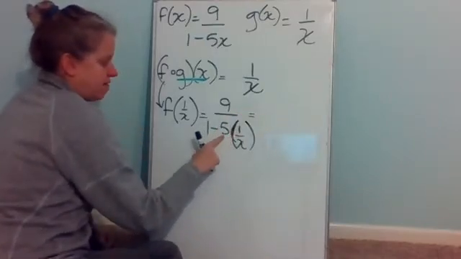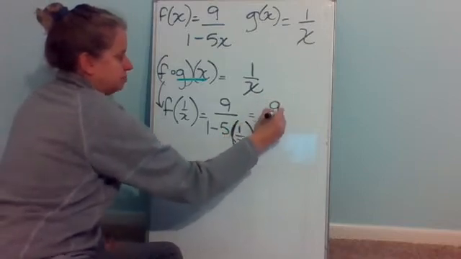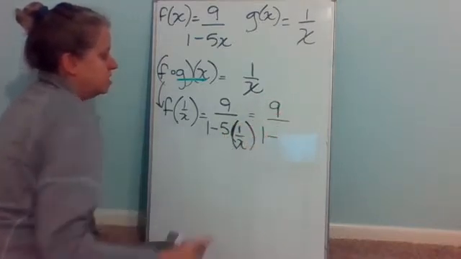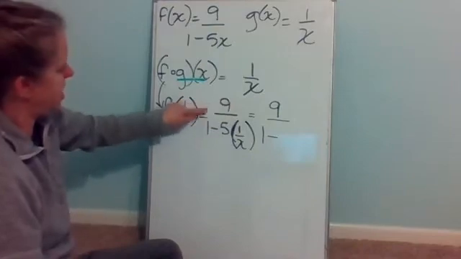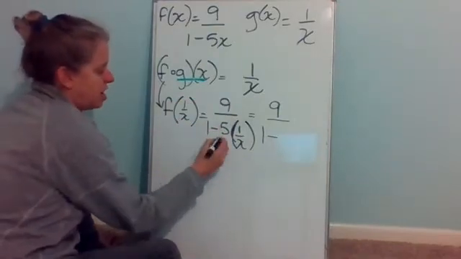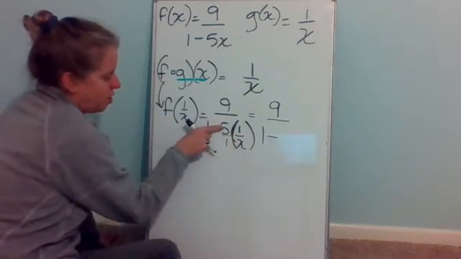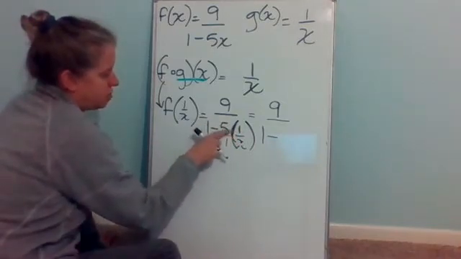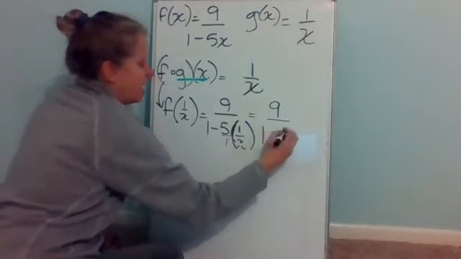So let's multiply the 5 times the 1 over x. I just brought the rest over, 9, and I brought over the 1 minus. When I multiply straight across here, you can kind of think of it as 5 over 1. So when I multiply straight across, I'm going to get 5 over x.